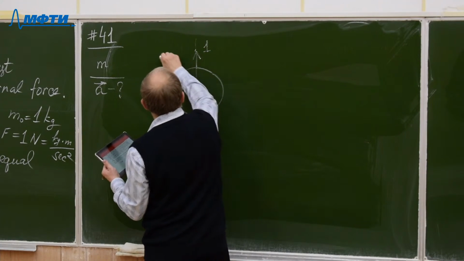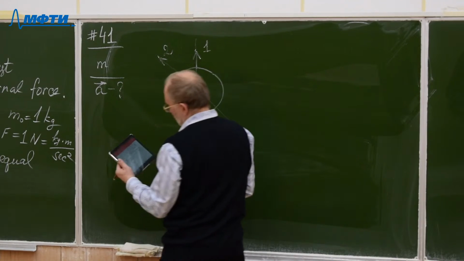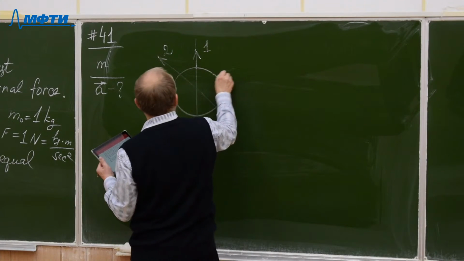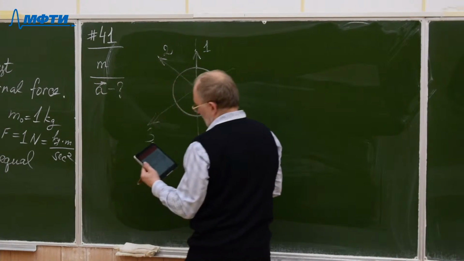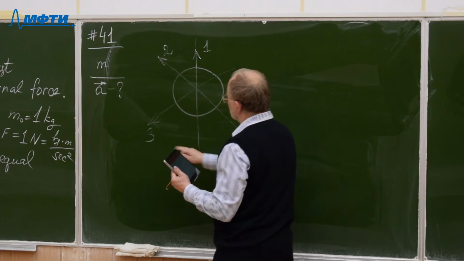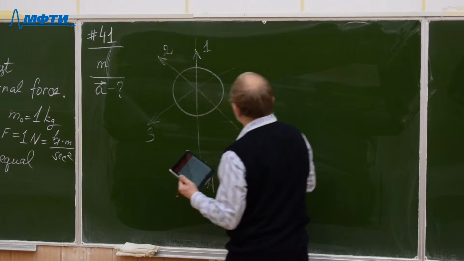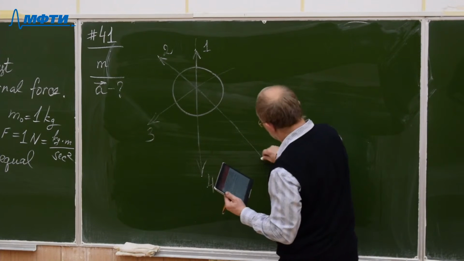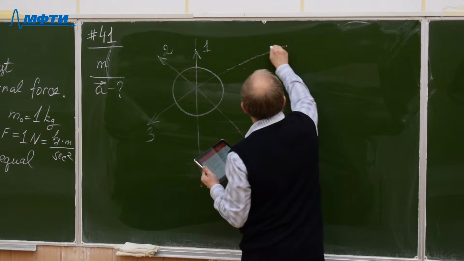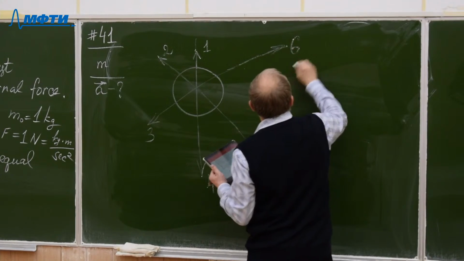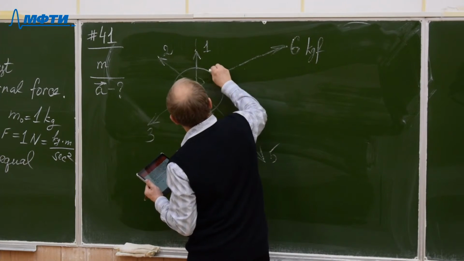At 60 degrees, force number 2, which is 2 kilogram forces, and then at 60 degrees, force number 3, equal to 3 kilogram forces, and in this direction we have force equal to 4 kilogram forces, and in this direction an even larger force, which is 5 kilogram forces, and in this direction the maximum force, which is 6 kilogram forces. And all these angles are equal to 60 degrees.